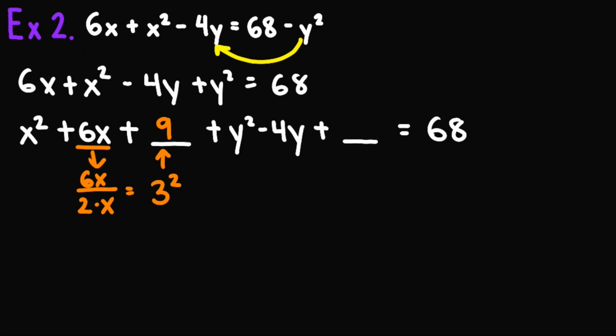For the y squared, we have 4y divided by 2 times the square root of the first term out here, which is y. So we'll have 2 out here, get the square, and we obtain 4.